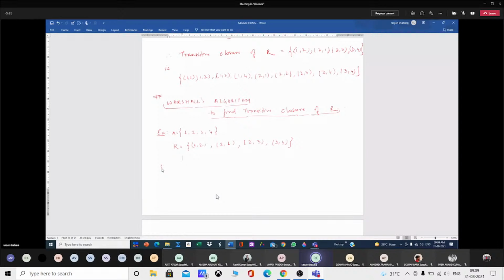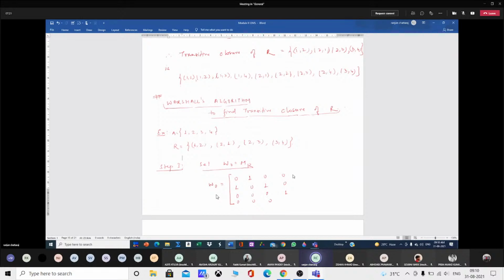First of all, step 1: set W0, that means Warshall, equal to MR. So W0 is simply MR. MR, that means the first row, second column is 1, the entries 2, 1 and 2, 3 are 1, 3, 4 is 1, and the rest are 0.